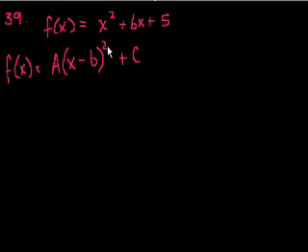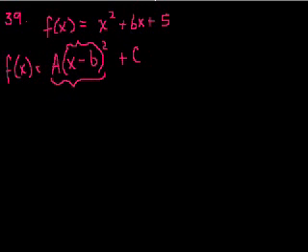Because if you look at this form of a parabola, and you can write any of these in this form, then you say, okay, this term right here is always going to be positive. So the minimum point of this parabola is when this term is equal to 0. And that happens when x is equal to b. And so the vertex becomes b comma c.